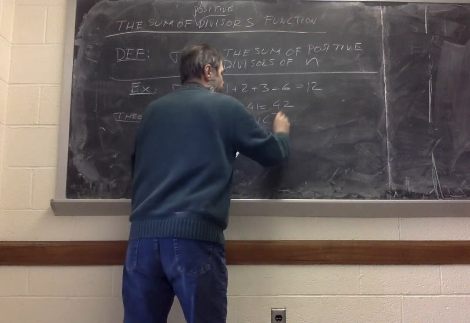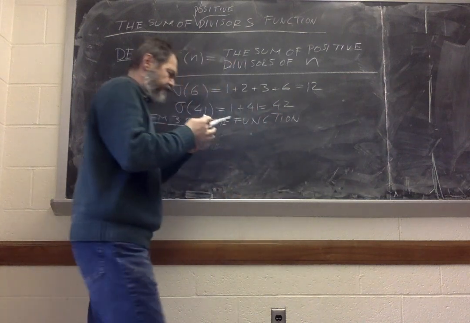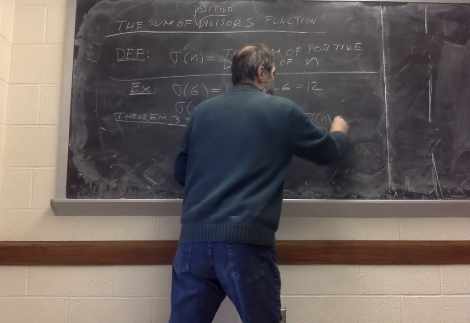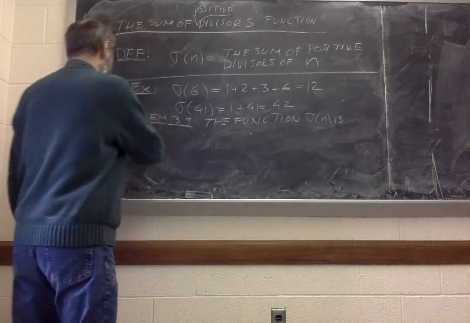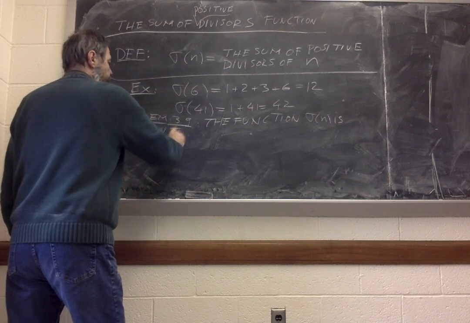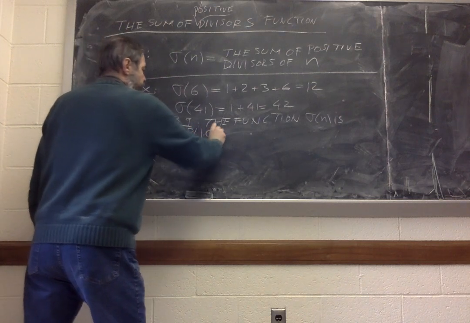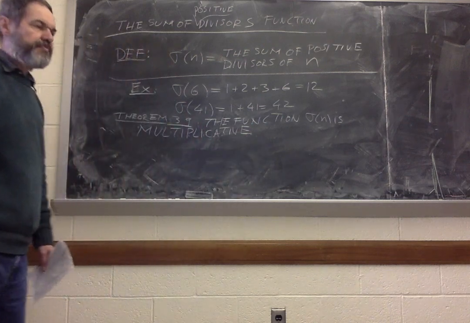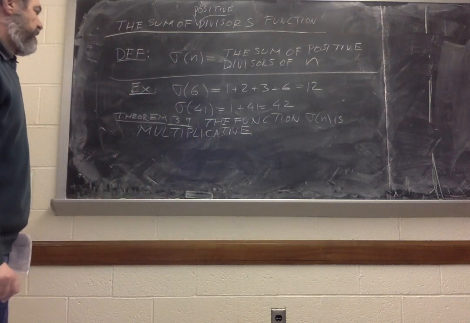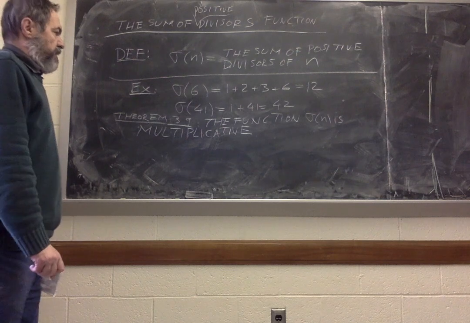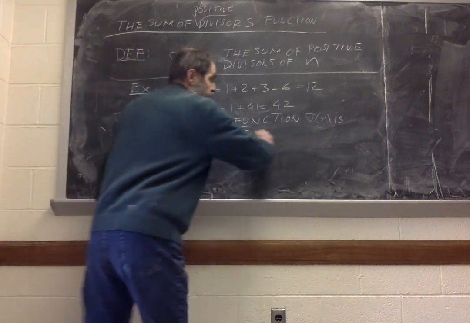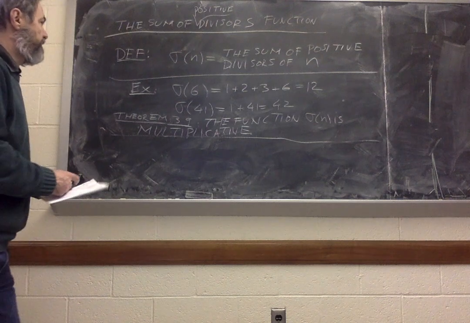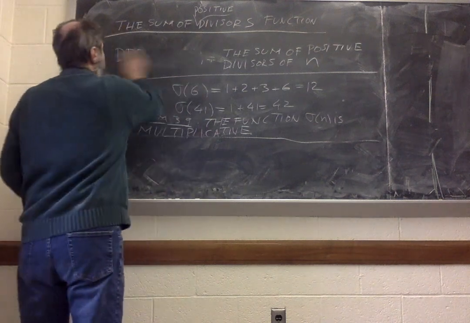The function sigma of n is multiplicative. And it's not completely multiplicative. We'll see an example in a moment. So let's see a few examples first.